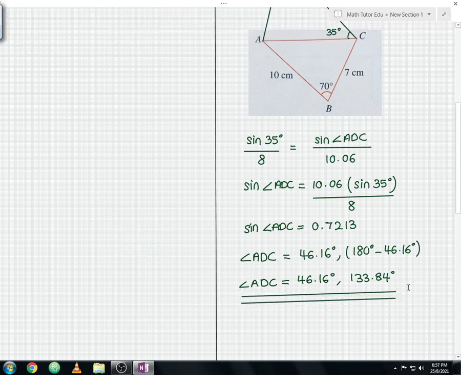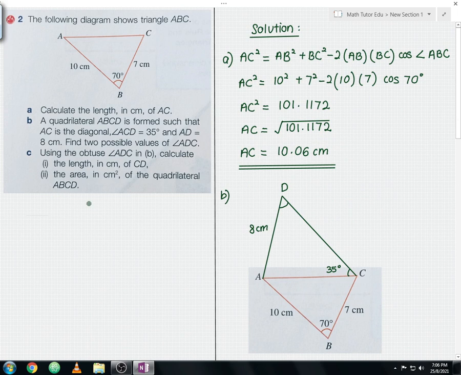So let us proceed our discussion for the question part C now. For the question part C, we are required to find the length in centimeter of CD and the area in centimeter square of the quadrilateral ABCD based on the obtuse angle ADC that we have obtained at the end of the question part B. In this case, the obtuse angle is 133.84 degree.